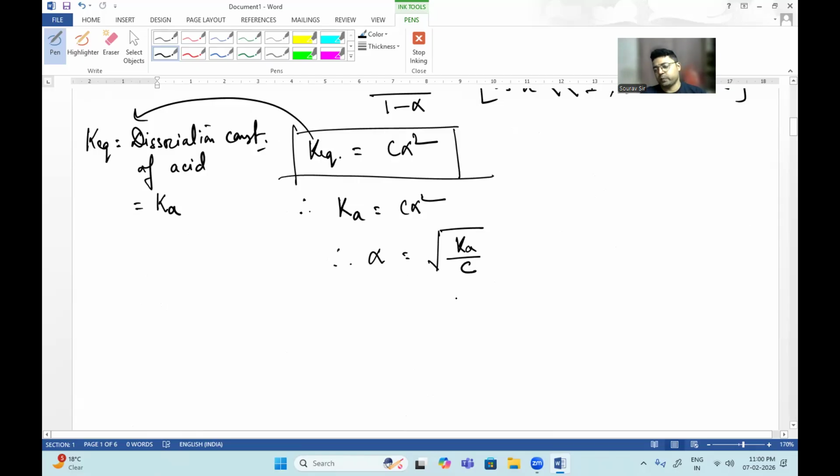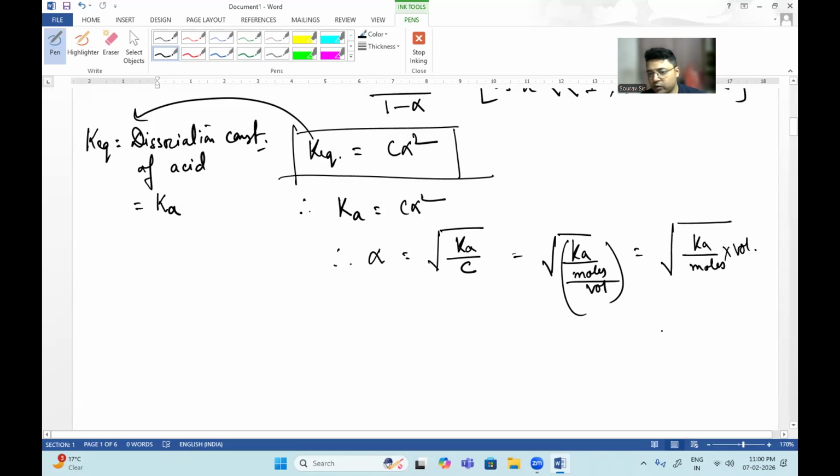Moles per unit volume. So if you write root over Ka, moles per unit volume, you will get root over Ka times volume by moles. So this degree of dissociation of weak acid is directly proportional to the square root of the volume as well. Okay, the two statements are correct.